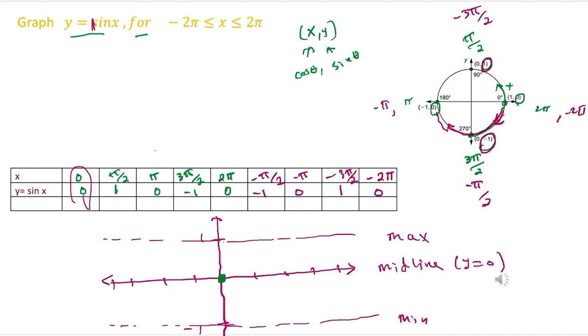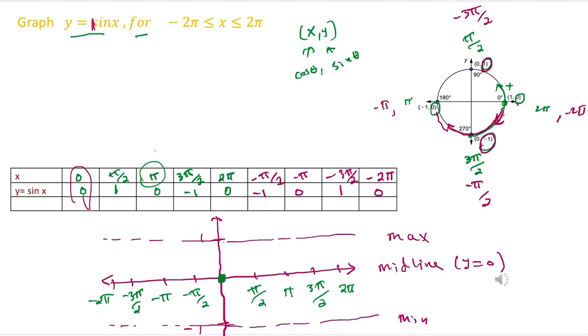Put 0 on the scale, then the x scales: pi over 2, then the next one is pi, then 3 pi over 2, and finally we have 2 pi. On the left side, all you have to do is change the values of the pi from positive to negative: negative pi over 2, negative pi, negative 3 pi over 2, and negative 2 pi.